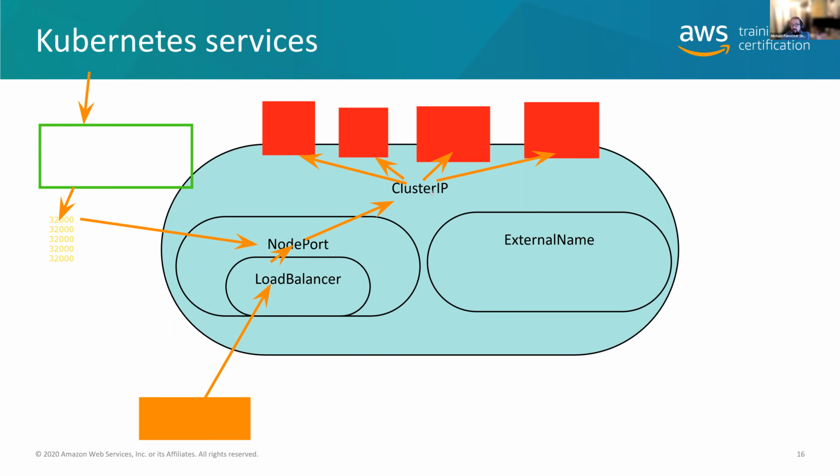That's the same with ingress as well, by the way. An ingress is usually an external device, although you can run ingresses on your cluster if you want. You can stack everything on your cluster if you want the cluster to handle it. So just note that it actually runs load balancer to node port to cluster IP. External name, by the way, just goes out to an external name, so it operates just a little differently.